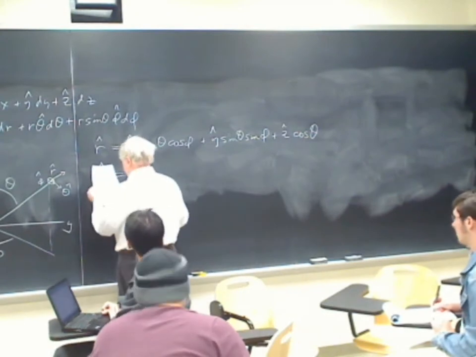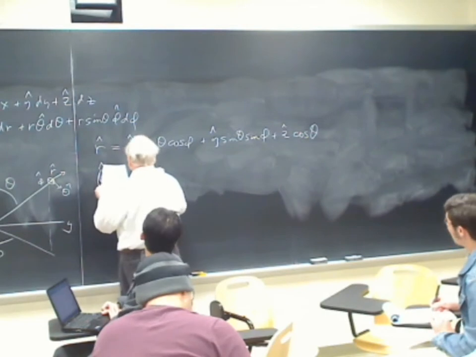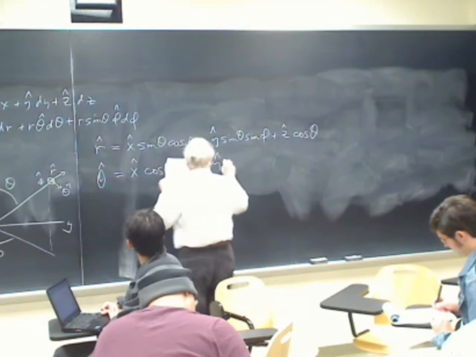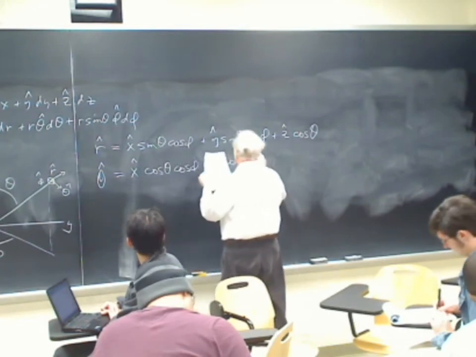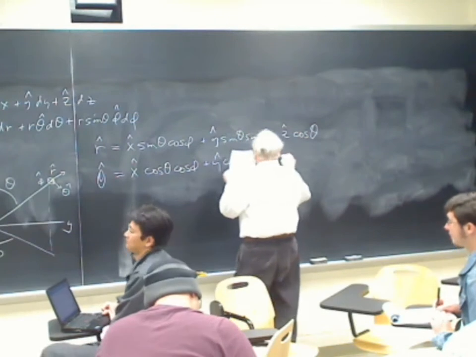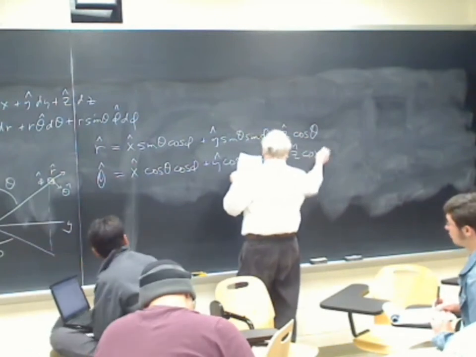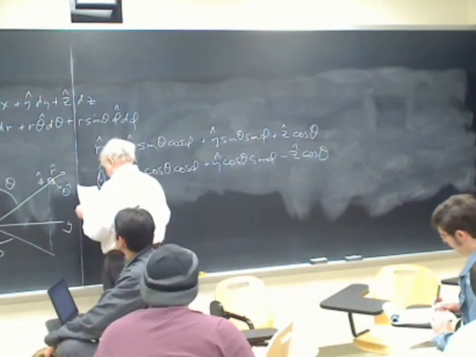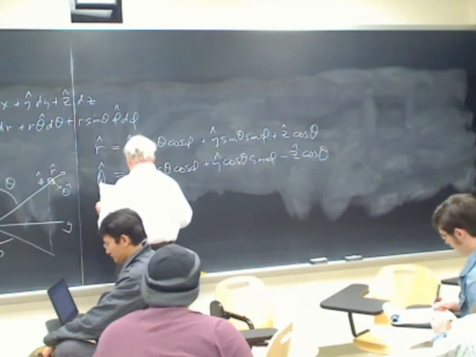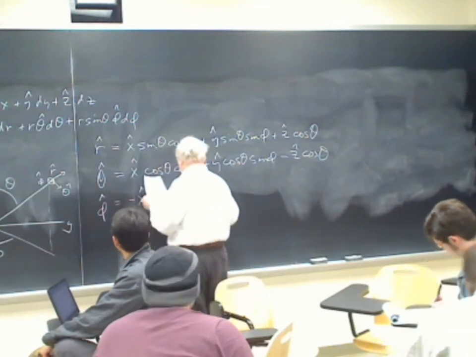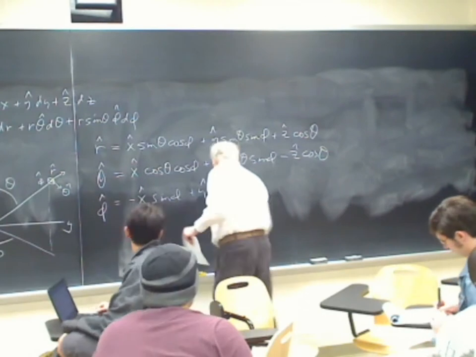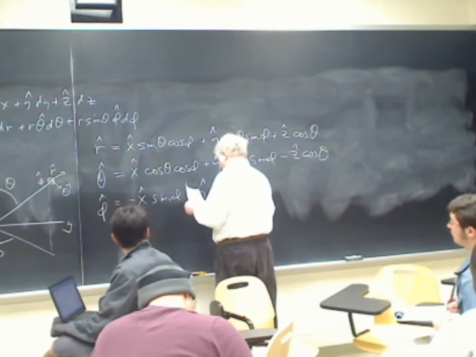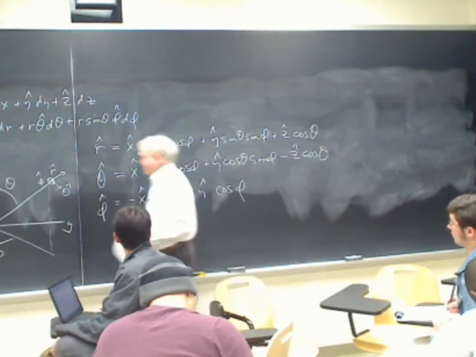Theta hat is x hat cos theta cos phi plus y hat cos theta sine phi minus z hat sine theta, and then phi hat is minus x hat sine phi plus y hat cos phi.